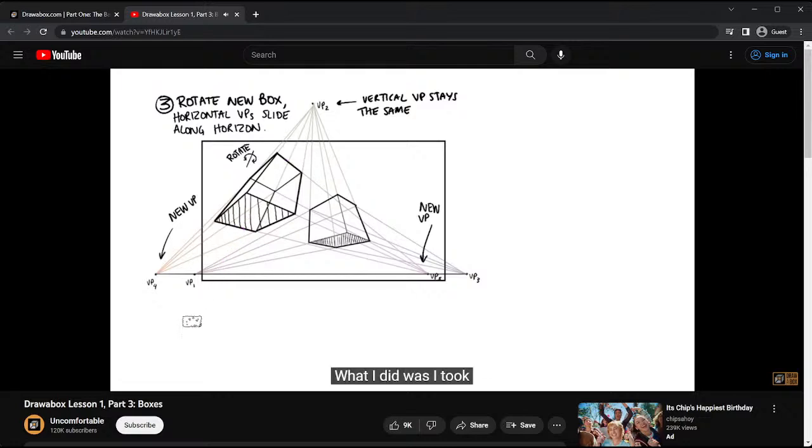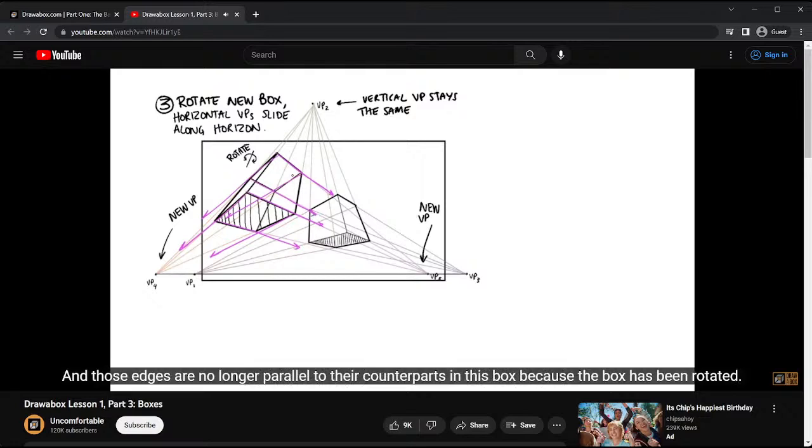what I did was I took 2 sets of the parallel lines, these and these, and those edges are no longer parallel to their counterparts in this box because the box has been rotated.